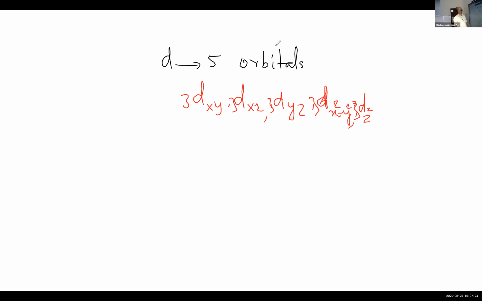And that is a set of degenerate orbitals. If it is 4d, that is another set. So the orbitals with the same energy are called degenerate orbitals. Normally these are the orbitals of the same subshell.